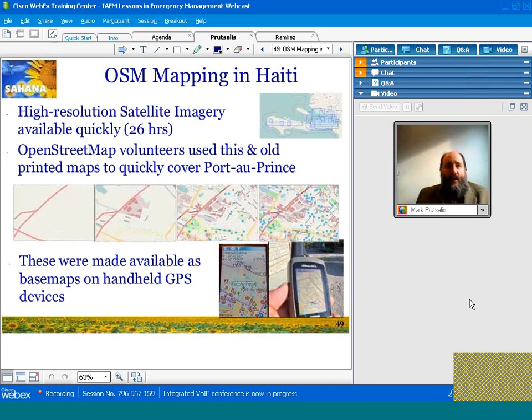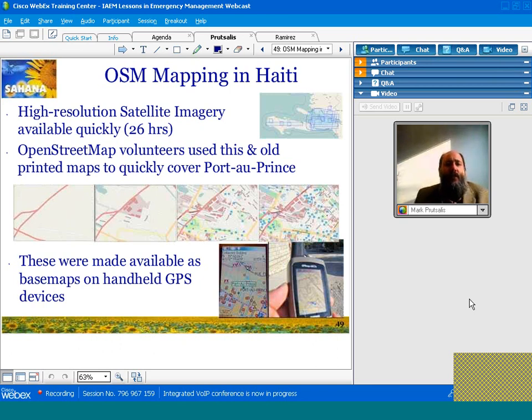And that effort continued with providing information on the temporary shelters, the hospitals, and other important places. That information can also be downloaded onto base maps and onto handheld GPS devices that were used by relief workers arriving in Haiti, so they would have a handheld version of where things were.